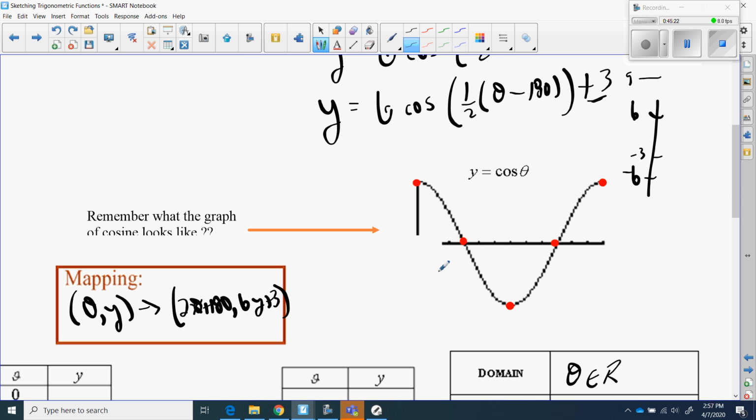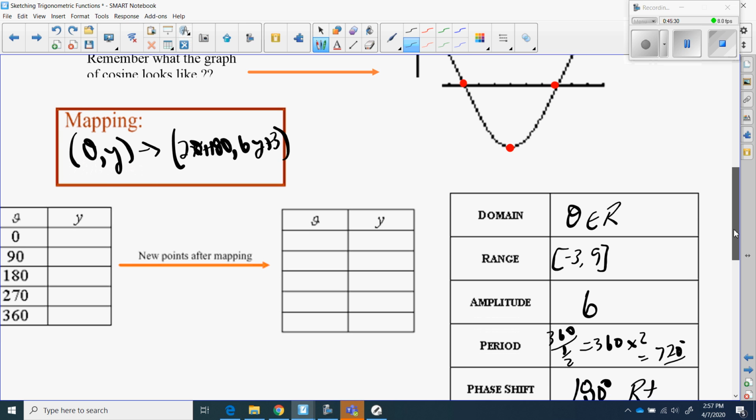All right, because it's cosine, here's your picture of cosine over here. Now we're going to fill in the base points down here. I know the graph's right over there, but just quickly sketch, just go whoop, like that. Say 0, it's at 1. 90 is at 0. 180 is at -1. 270 is back at 0.